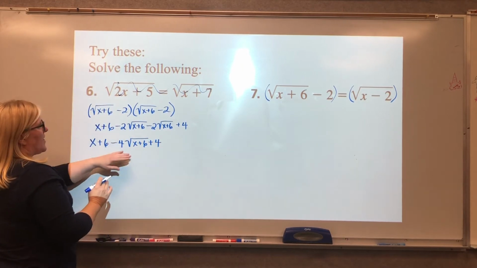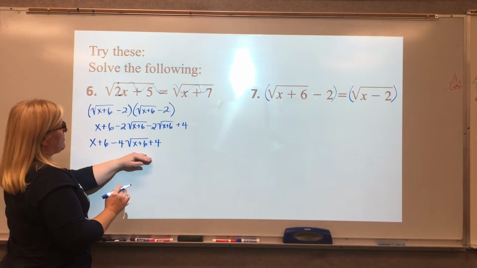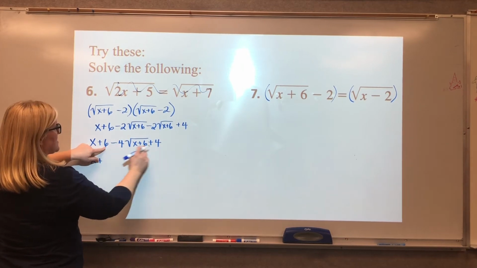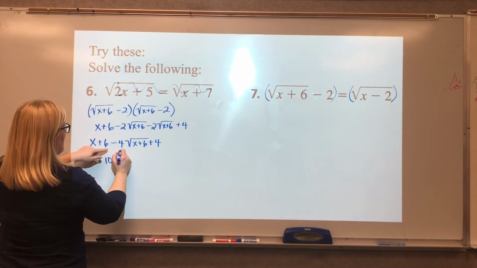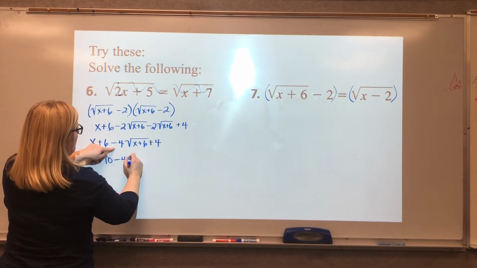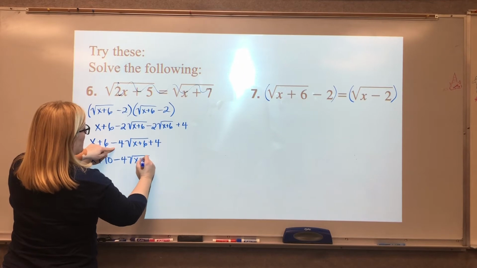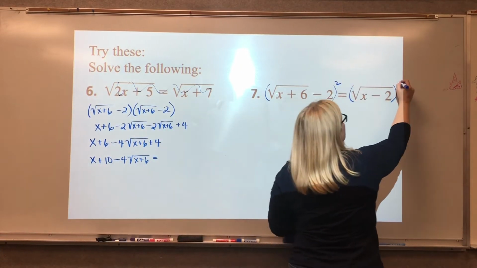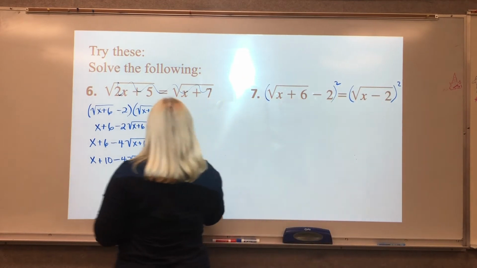All right, so now when I combine my like terms, I have x plus 6 plus 4 is 10 minus 4 times the square root of x plus 6 equals, remember I squared this, so this is x minus 2.